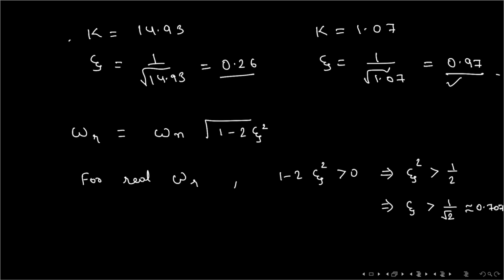We check that for K equal to 14.93, ζ is 0.26, and for K equal to 1.07, ζ is equal to 0.97. Hence this ζ is invalid. Hence we get K equal to 14.93 as our solution.